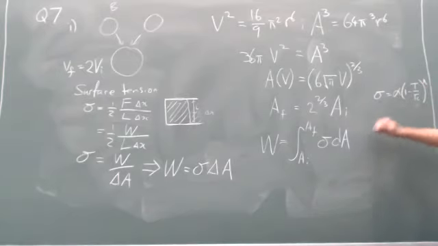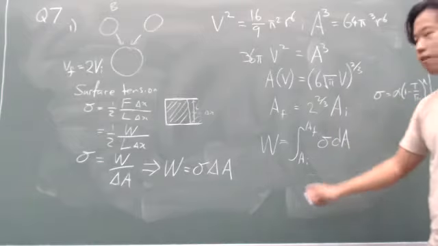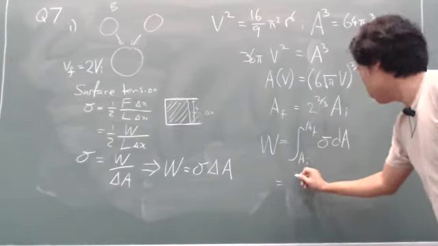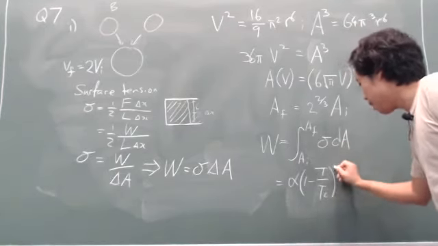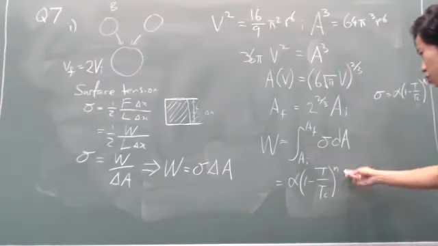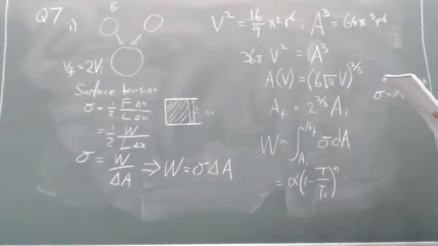So putting this expression into here, it doesn't actually care about the area at all, so we can just take the entire thing out the front. So the work is given by alpha times (1 minus T divided by Tc) to the power of n times the change AF minus AI. I think I missed something here.